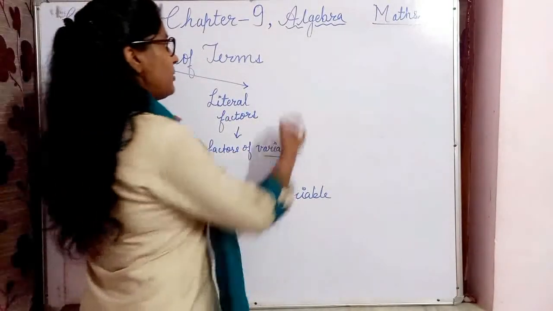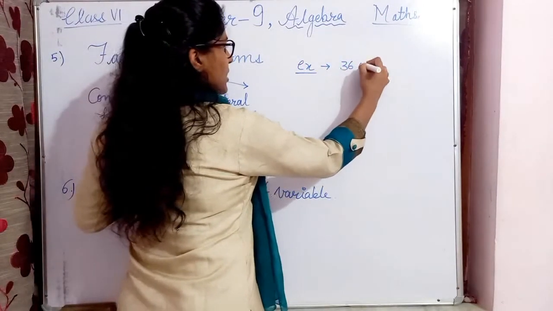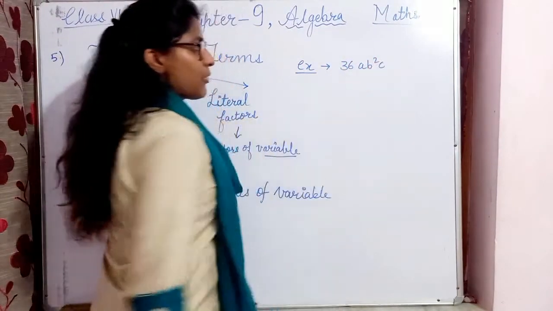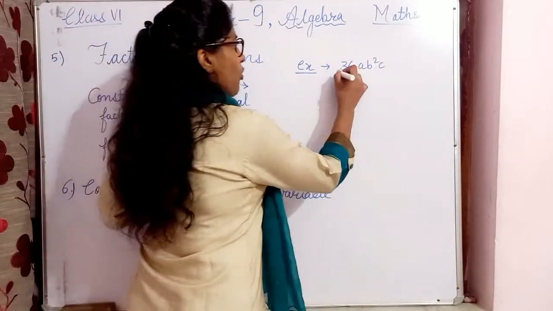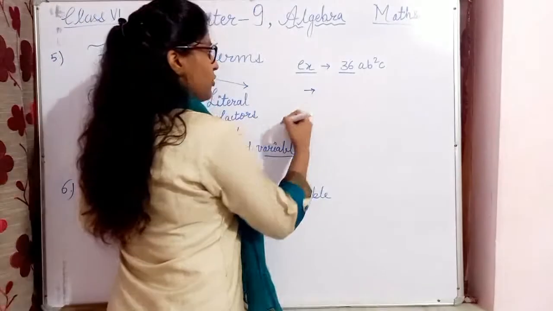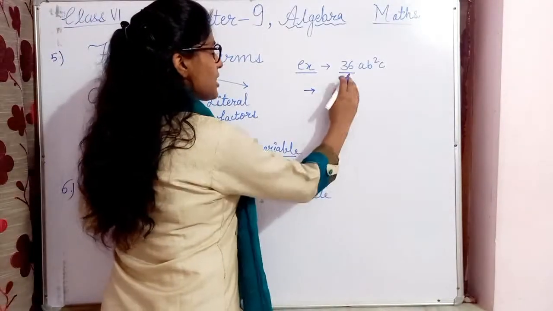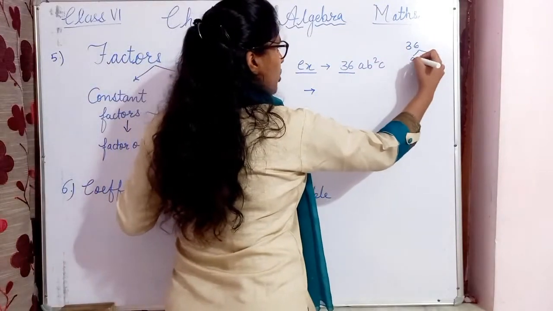Now see the example. I am writing here 36 a b square c. Now what are the factors of 36? If you have learned them, okay. If you have not learned, you can find them. You can write 36 as 9 into 4.